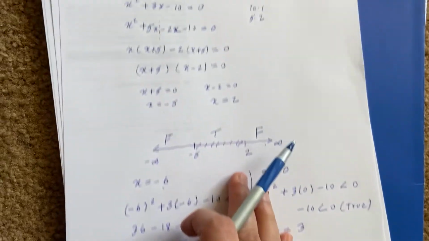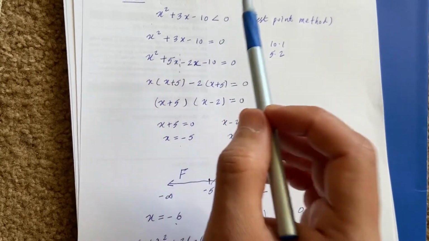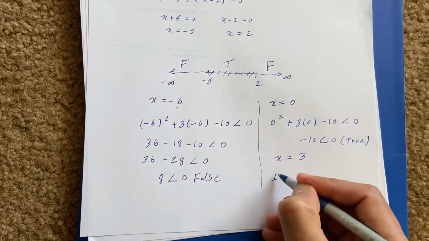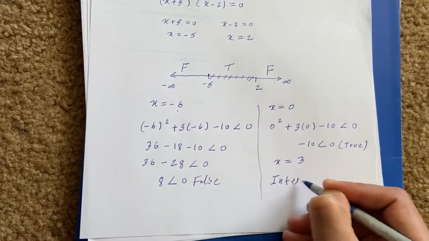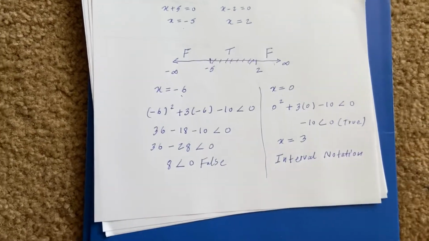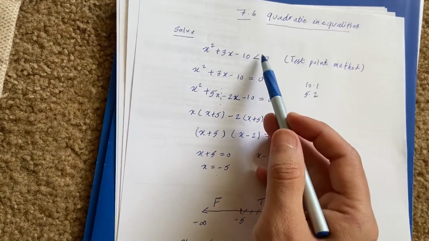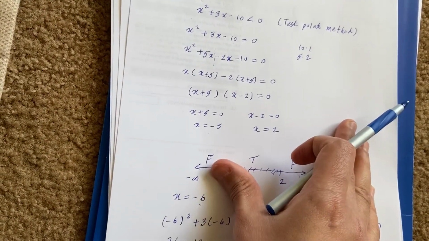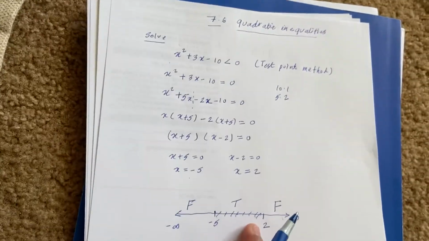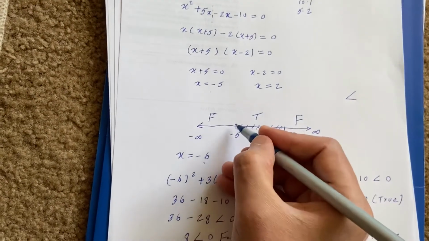Now since our original equation is an inequality, whenever you deal with an inequality, your final answer has to be in interval notation. Since this inequality is strictly less than, we cannot include these endpoints.